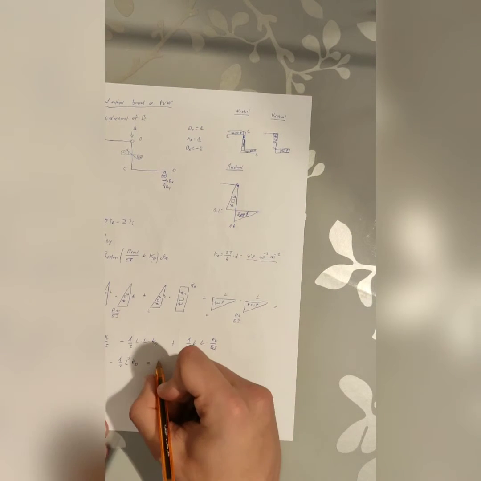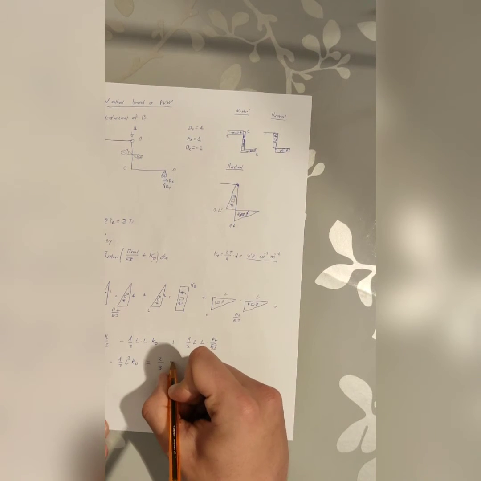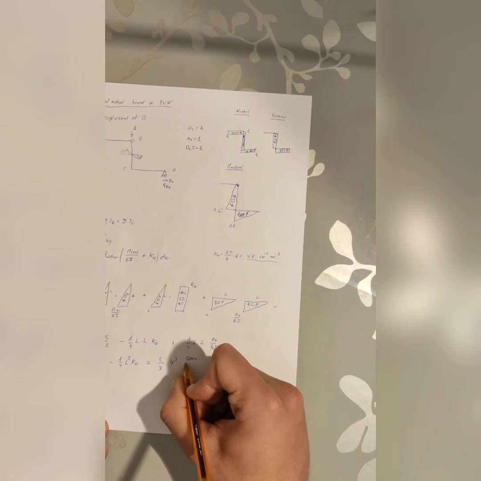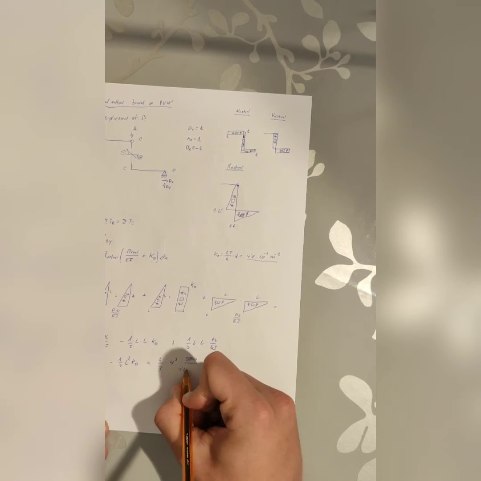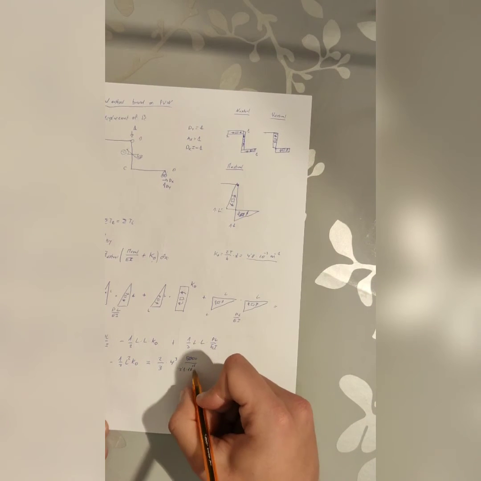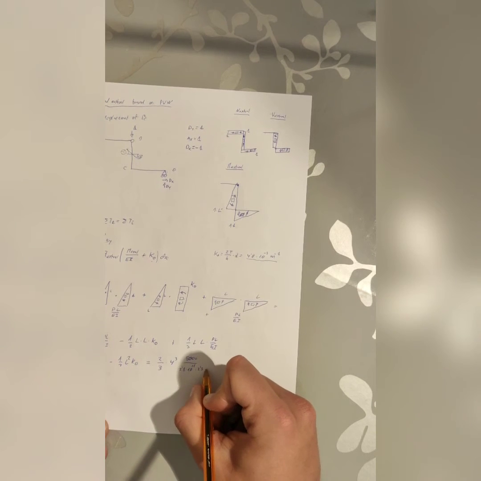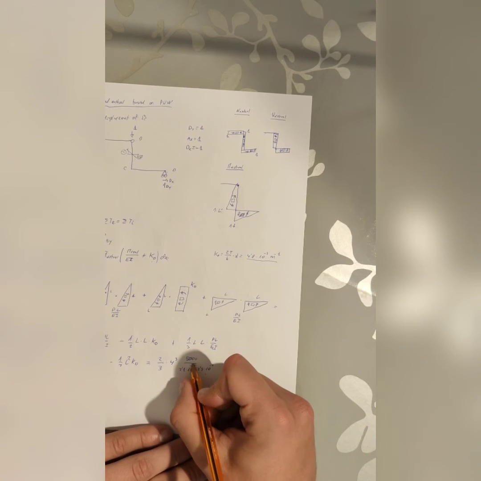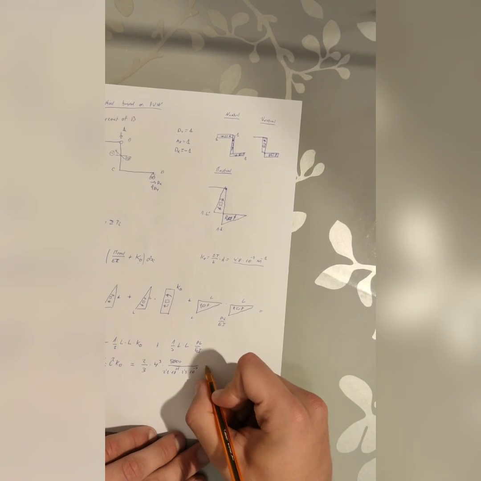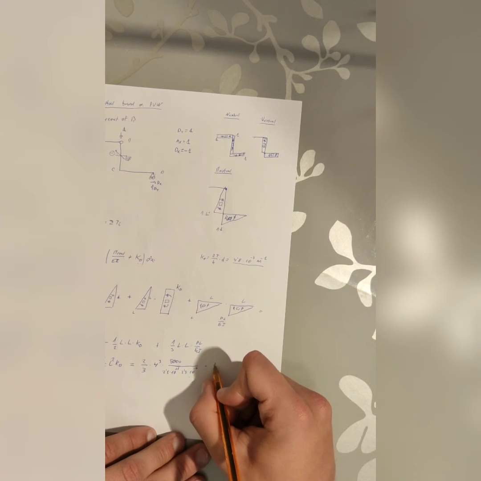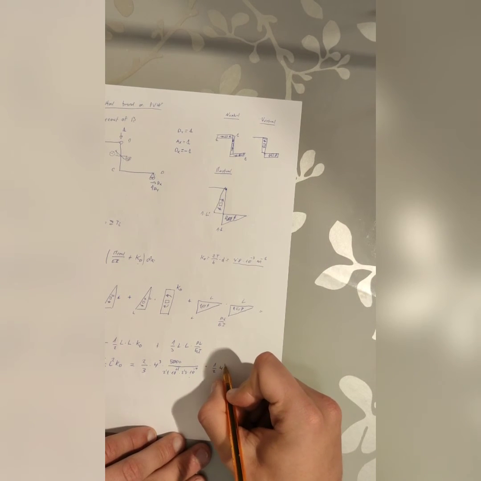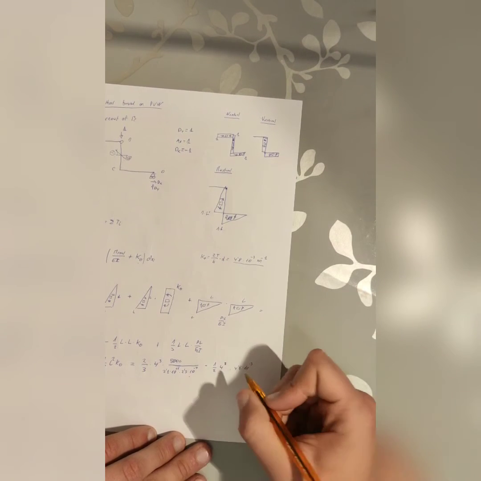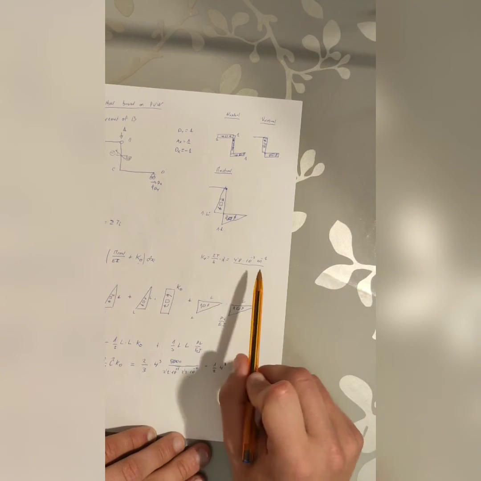Substituting the values, we have 2/3 times 4 cubed, P is 5 kilonewtons, so it's 5,000 newtons, divided by 2.1 times 10 to the power of 11, and multiplied by 2.3 times 10 to the power of -7, because it's in meters to the fourth, minus 1/2 of 4 squared times 4.8 times 10 to the -3, which is the temperature gradient.